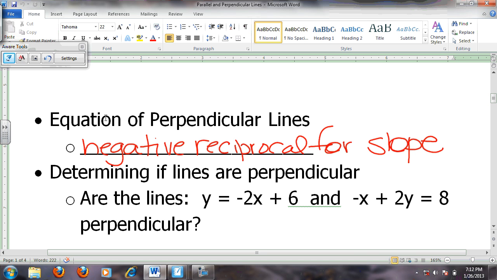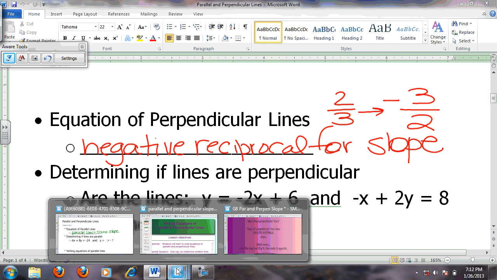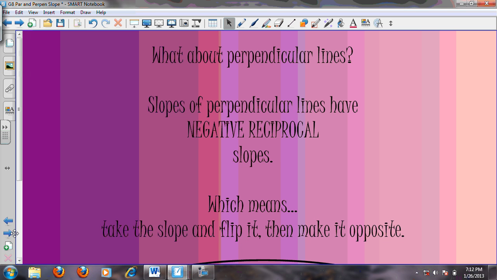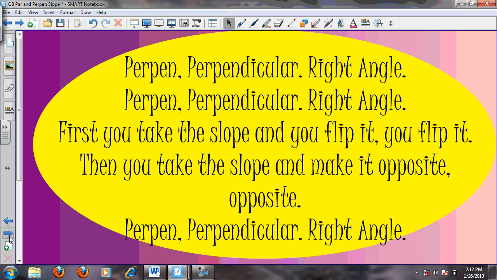Okay, which means if my slope is 2/3, I'm going to flip that to 3/2 and make it the opposite, or negative. Okay? How can we remember this? How many of you know the song Peanut Butter and Jelly?